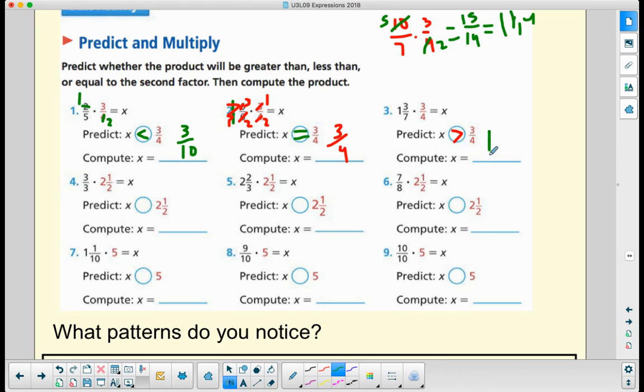So I get 1 and 1/14. And that is greater than 3/4, so I was correct.